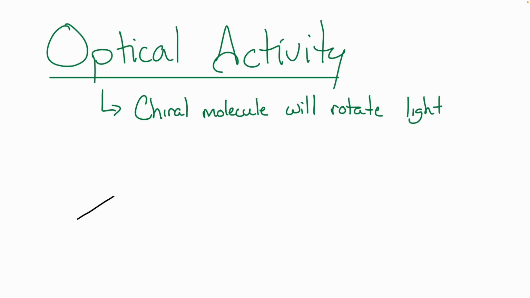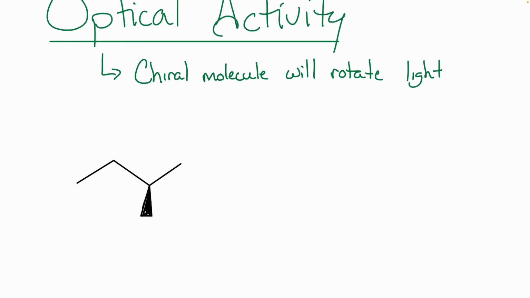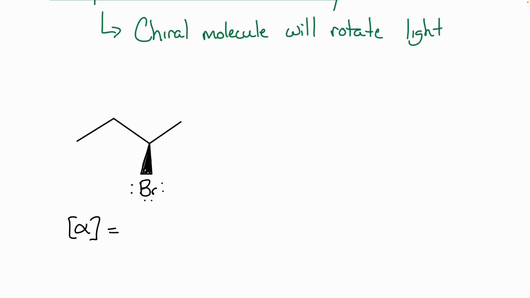So let's say that we took our 2-bromobutane, our R-2-bromobutane, and we put this into this instrument here. What we would get out as our measurement is this alpha in a box. This is your optical activity, the symbol that they use.